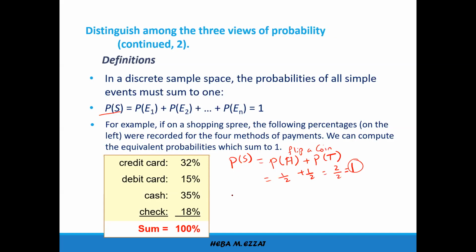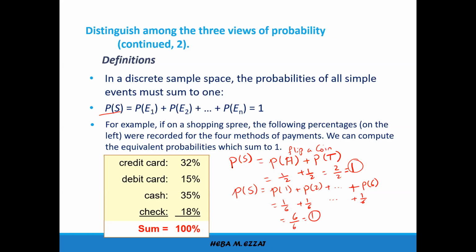And of course, if we continue this for the same example of rolling a die, we have the probability of getting 1 plus the probability of getting 2, up to the addition of the probability of getting 6. In this case, each one equals 1 divided by 6, and it will equal 6 divided by 6, or 1.